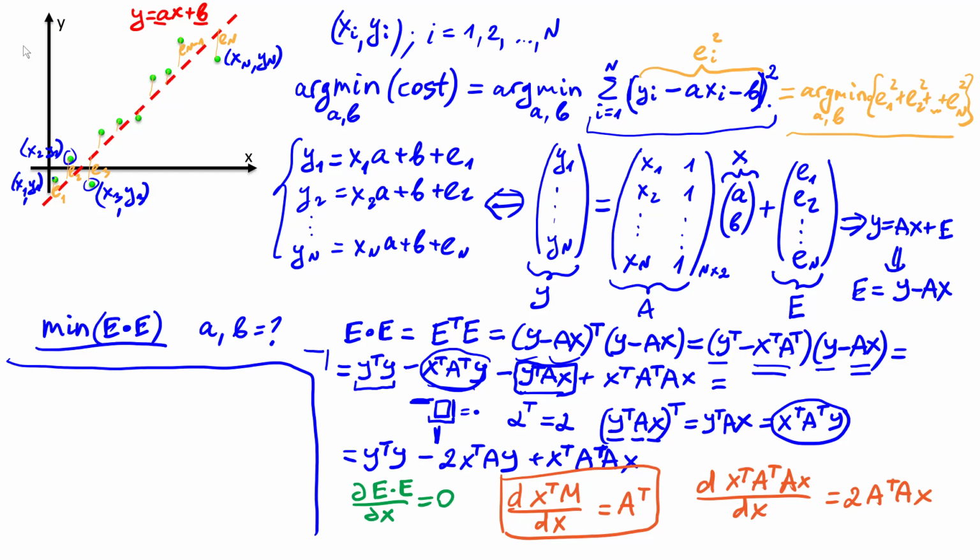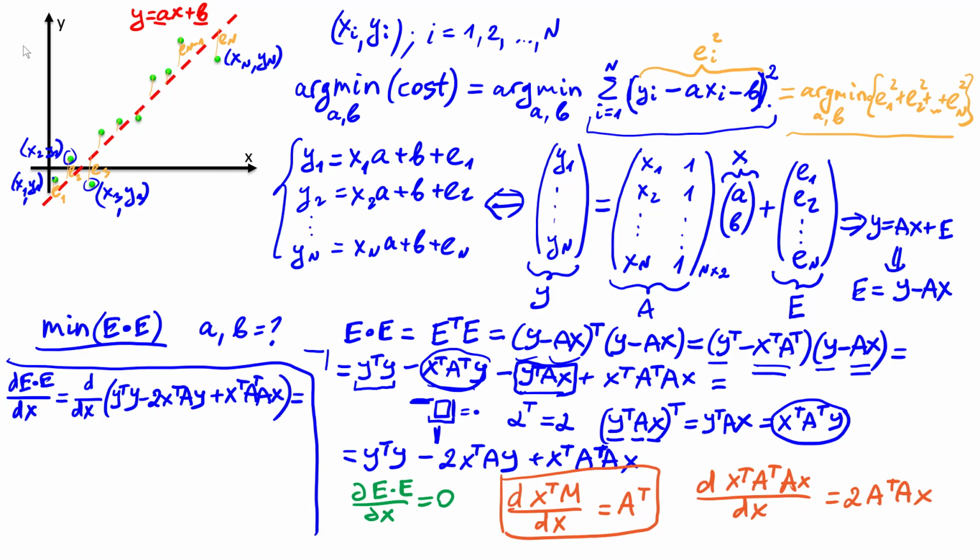So we know that we want to do the derivative of e dot e with respect to dx, and this is the derivative with respect to dx of y transpose y minus twice x transpose A y plus x transpose A transpose A x.